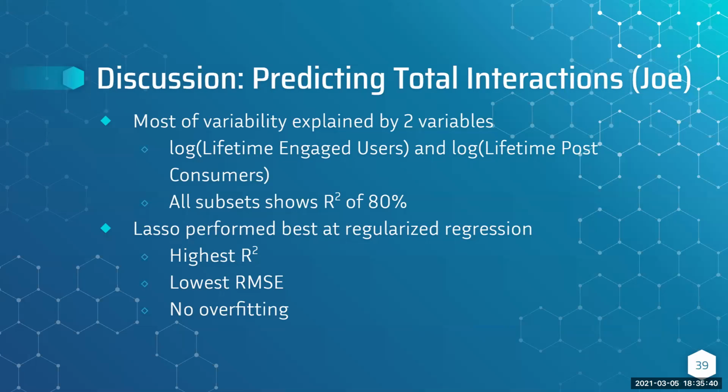And for predicting total interactions, we learned that most of the variability was explained by two variables, the log of lifetime engaged users and the log of lifetime post consumers. There was an R-squared of 80% using these two variables. And for the regularized regression, Lasso performed the best. It had the highest R-squared, the lowest RMSE, and there was no overfitting.